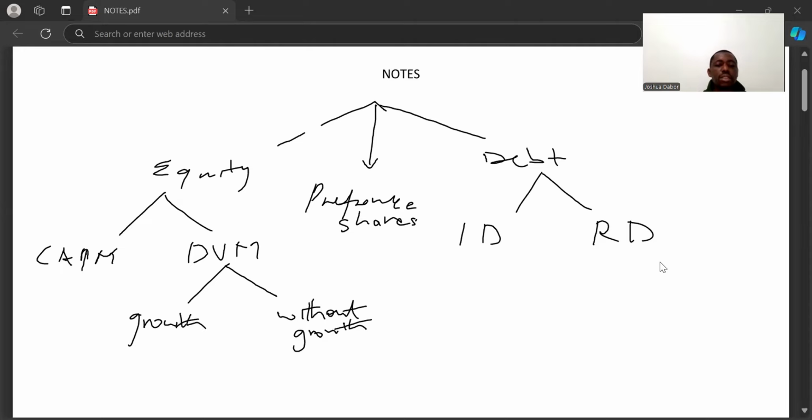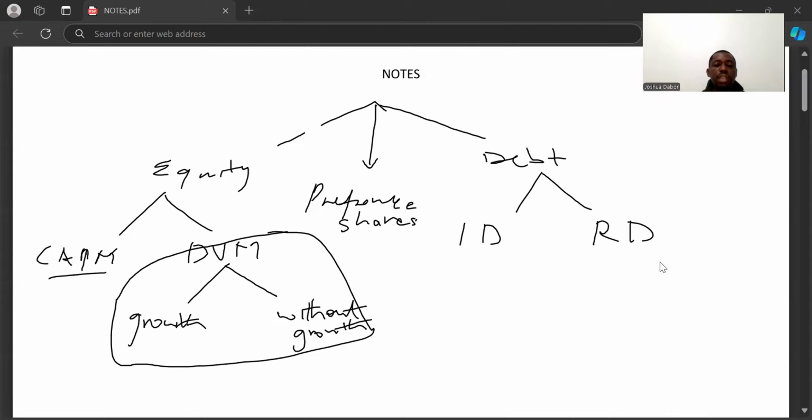So in the last lecture, I have covered the dividend valuation model with growth and without growth. In this lecture, I'll be taking the capital asset pricing model.